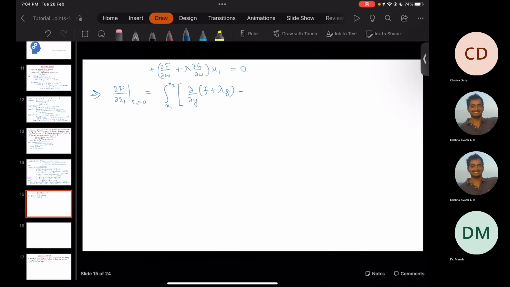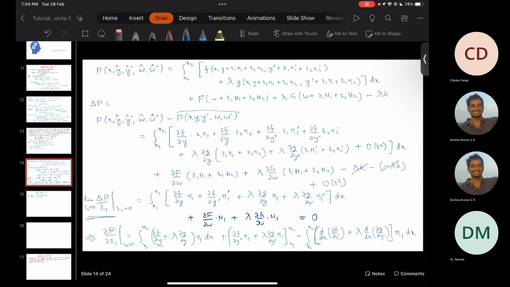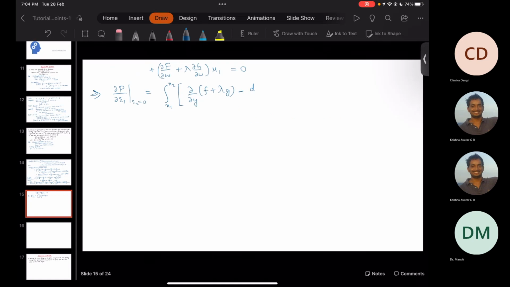And then minus d/dx of ∂/∂y' of (f plus lambda g), into, and this will be in terms of eta 1, isn't it, into dx.